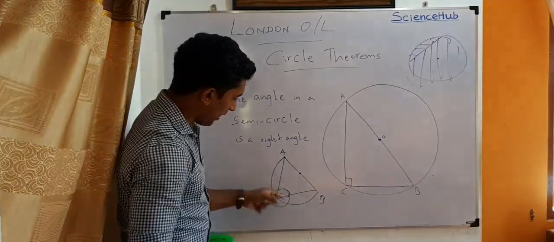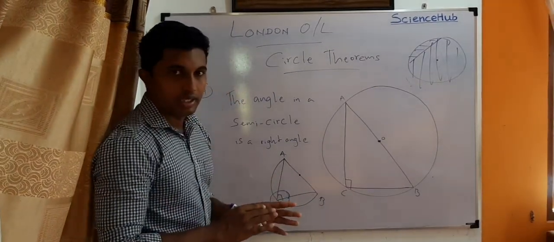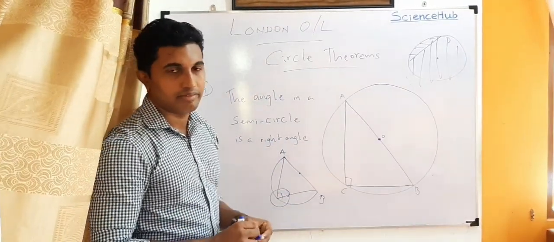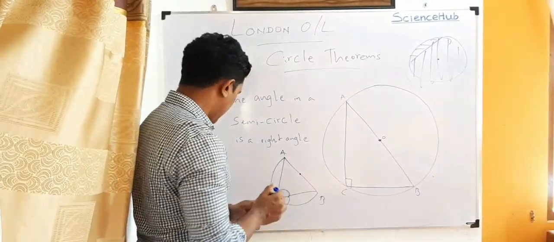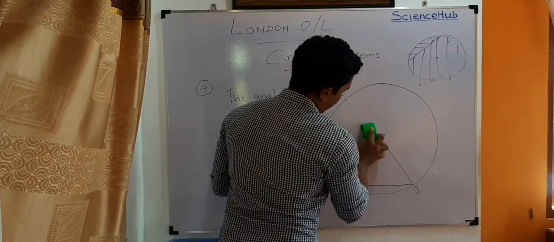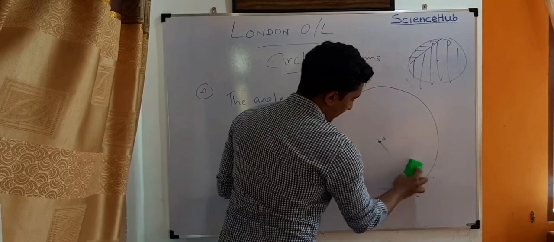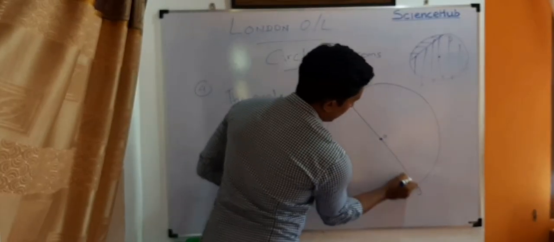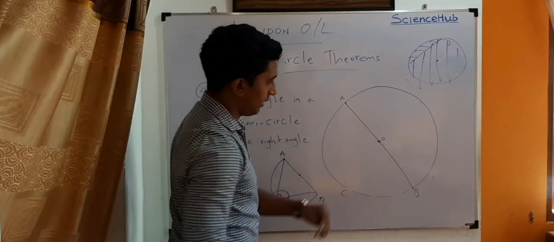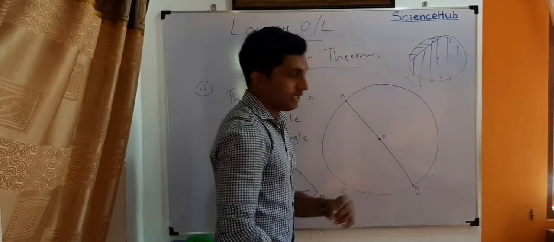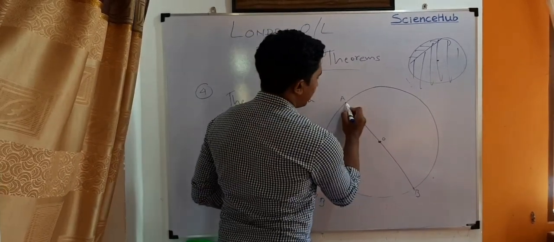And the angle in a semicircle is equal to 90 degrees. That means not like this angle. We can consider some other types of angles, other shapes. This is the diameter and this part is a semicircle and this is the other one, and we consider this one.